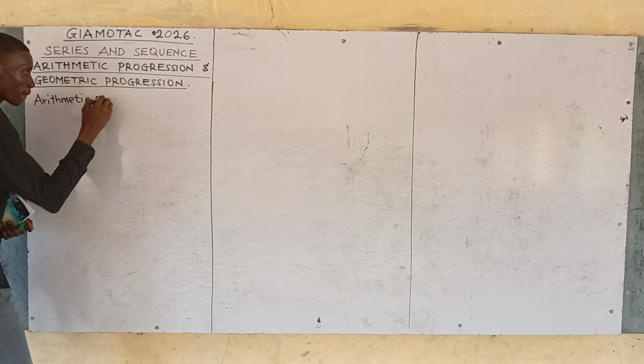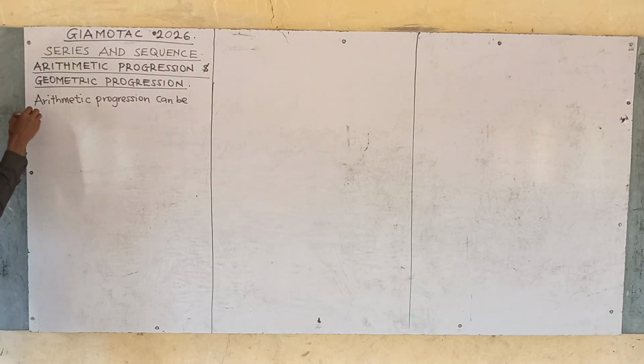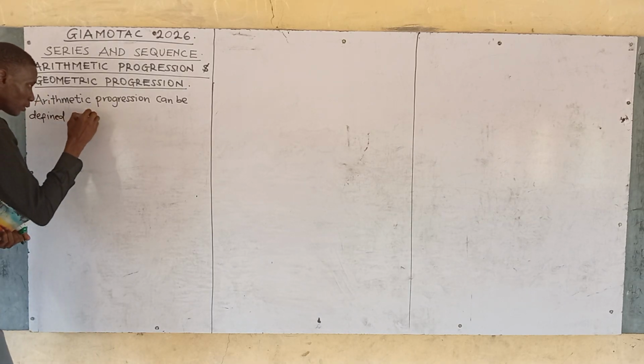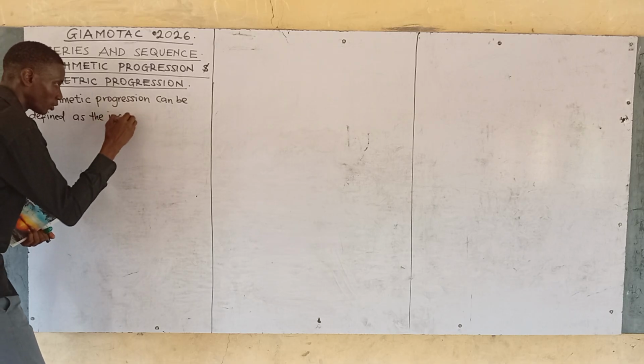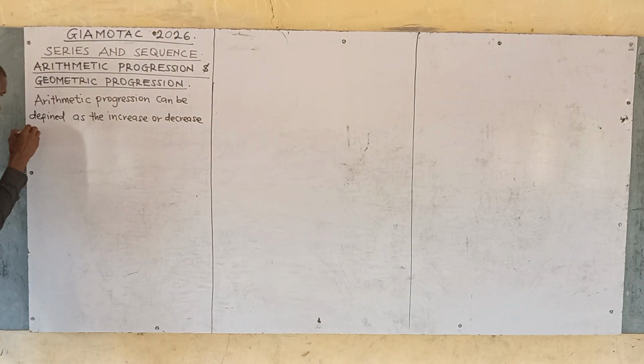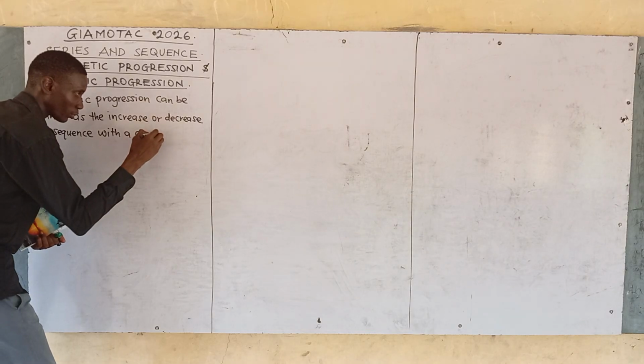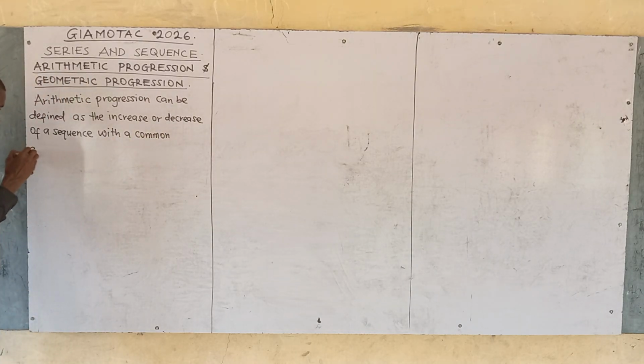Arithmetic progression can be defined as the increase or decrease of a sequence with a common difference.